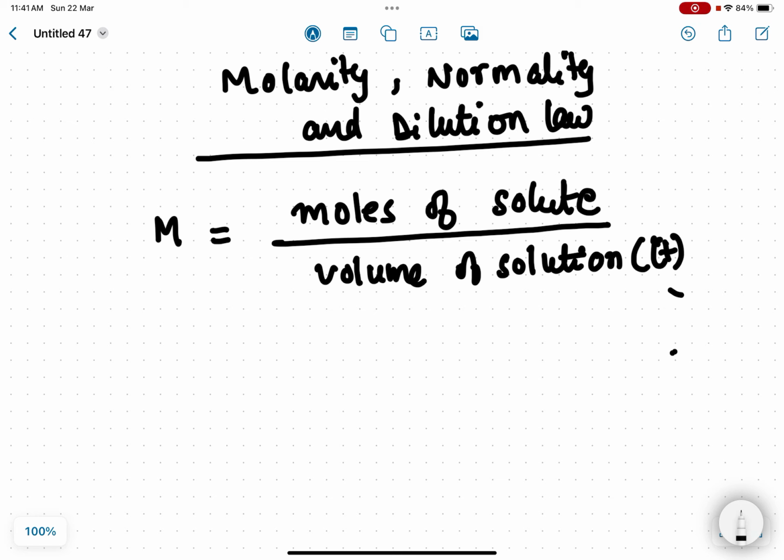So when we define concentration in terms of molarity, it deals in the number of moles of solute.